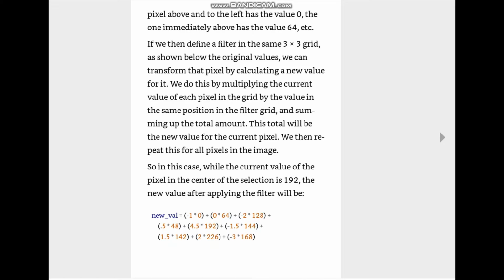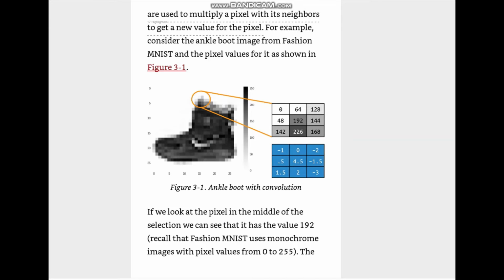So I hope every one of you knows how to multiply matrices. So how do we do that is, we take the first row of the pixel matrix and multiply it to the first column of the filter matrix, and then we sum these all up.